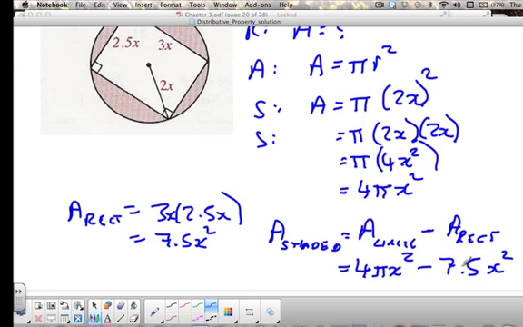Later on, we'll talk about factoring. You can actually factor, but that is the answer that I want you to give for now.